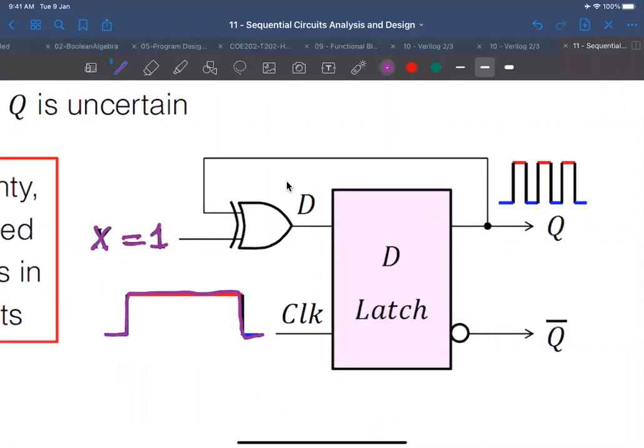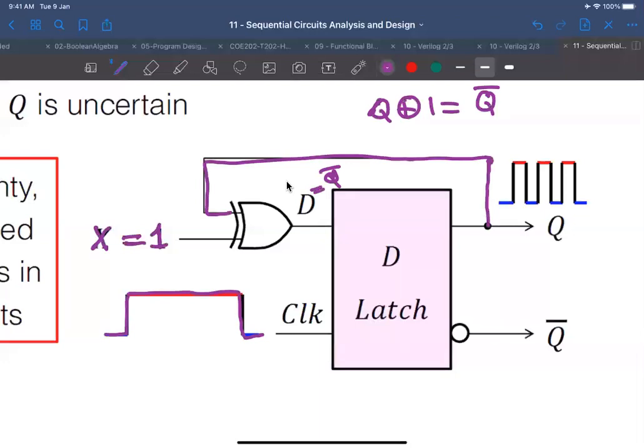And my X is XORed with the current value of Q. So this is my D here. The output is going to be Q complement, because Q XORed with 1 is equal to Q complement. This is by XOR properties, right?